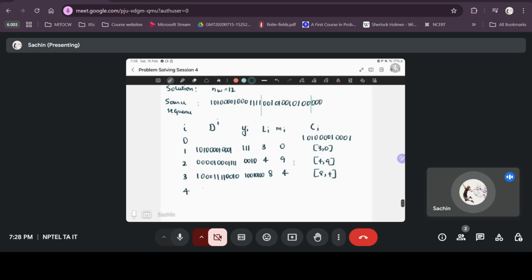So for the fourth code word, your dictionary is 0010 100 10100. Substring: do you have a 000 anywhere? We do have, if you start from here, 000, which matches with the leftover substring. So the final substring is 000, length is 3, and starting position is 0, 1.